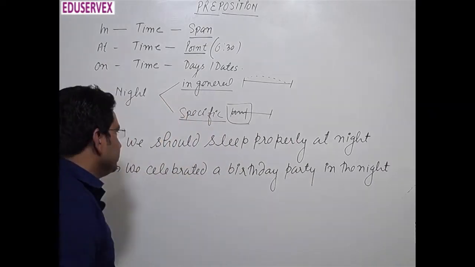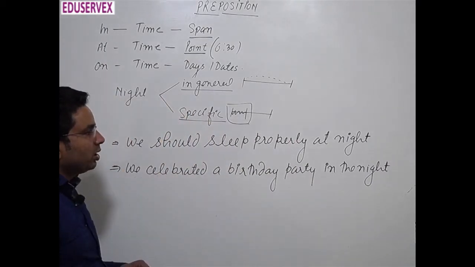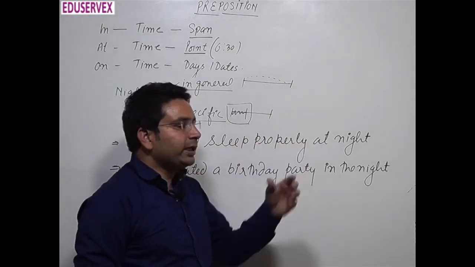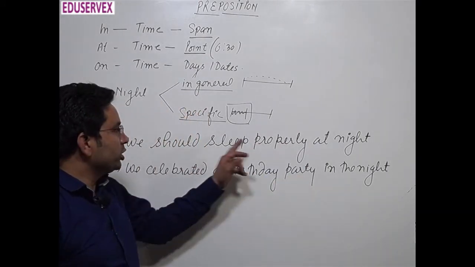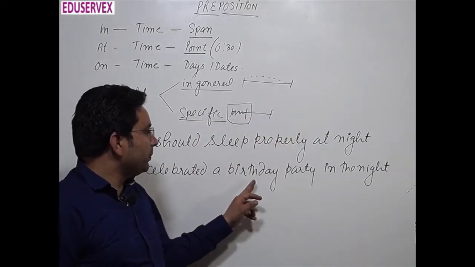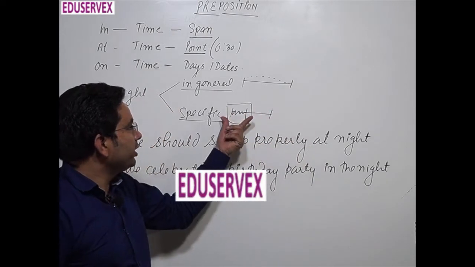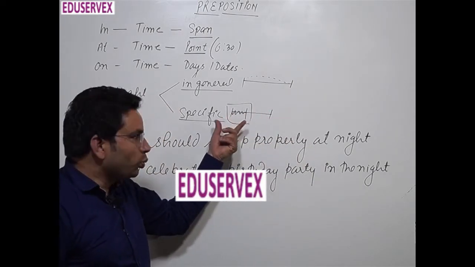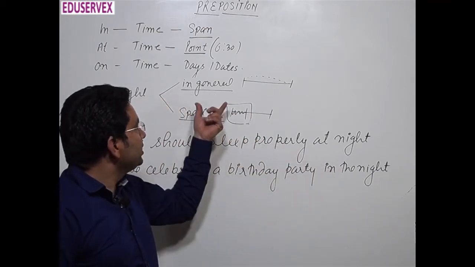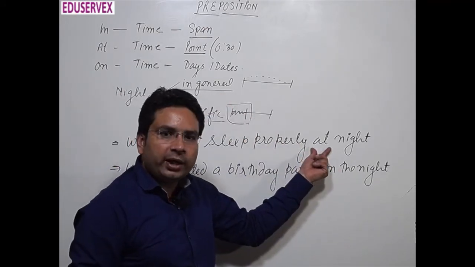Now you can check. We should sleep properly at night. It's in general. I'm talking about the complete action. We celebrated a birthday party in the night. Now it is a specific one. So when it is specific, the answer should be in the. When it is in general, the answer should be at.